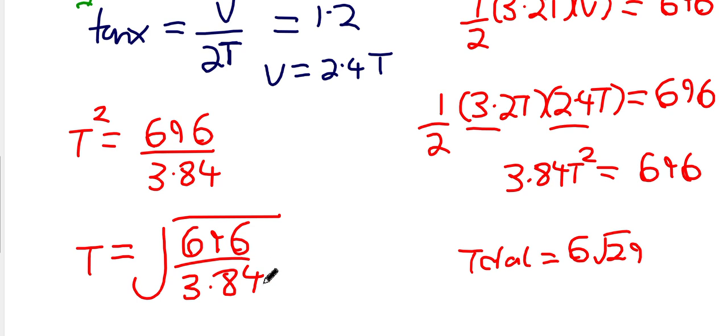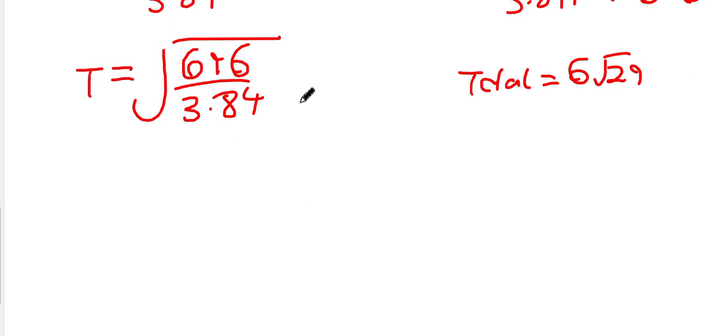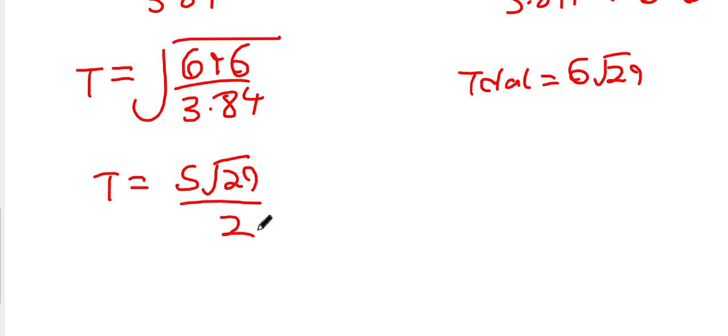29. 29. That's what I got. So what are you saying this is in short form? 5 root 29 all over 2. Wait a minute. I was meant to get 8 root 29. I know.